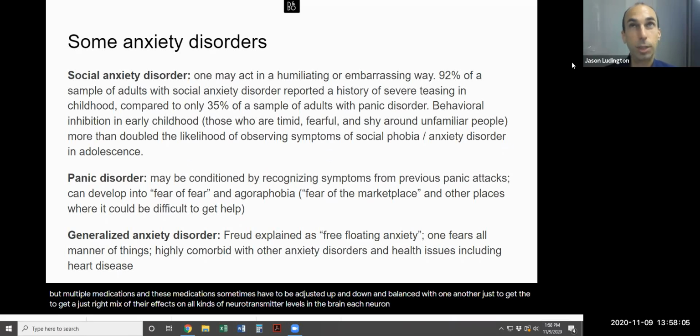Each medicine is a blunt instrument. It's like trying to paint a picture with a paint roller instead of a paintbrush.